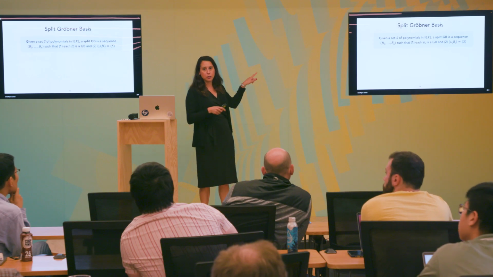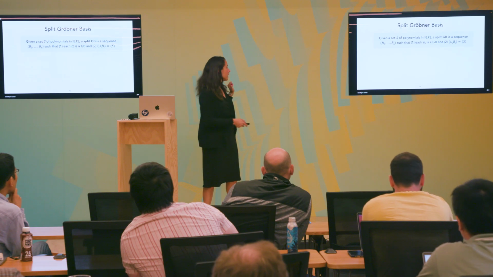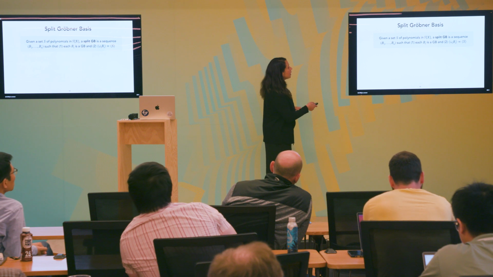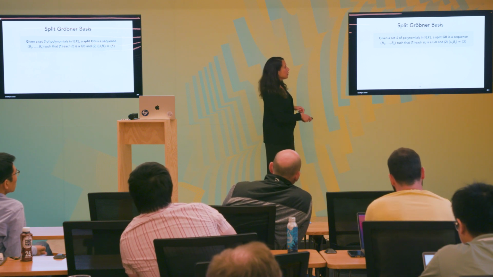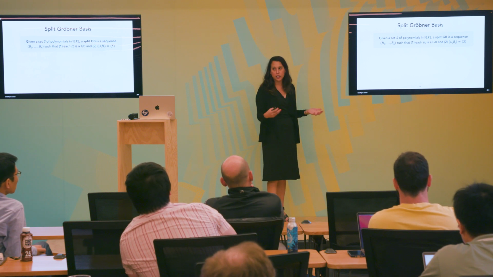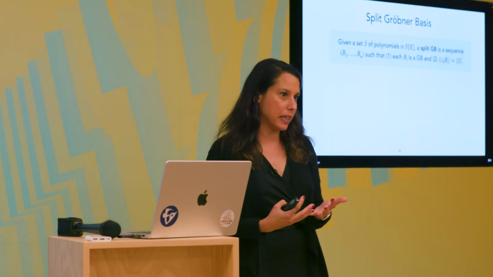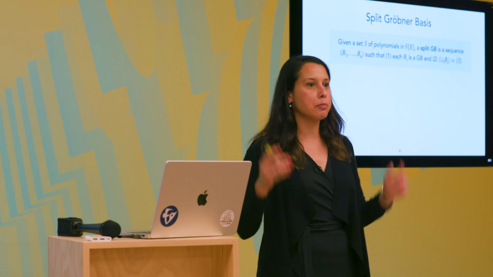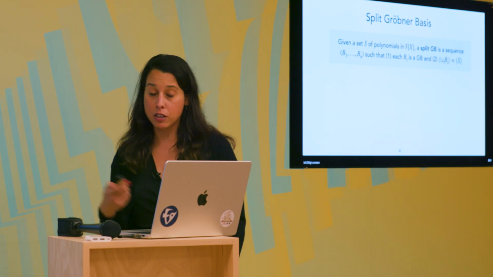We compute a Grobner basis bi for each of them separately, and we also require that the ideal generated by S be equal to the ideal generated by the union of all of these bases. In other words, they union up to our original ideal.